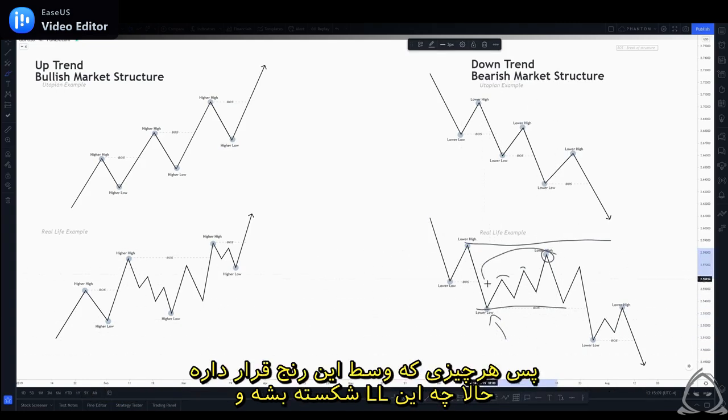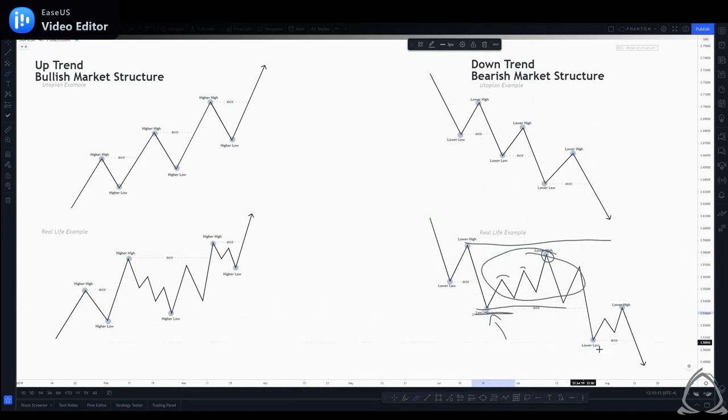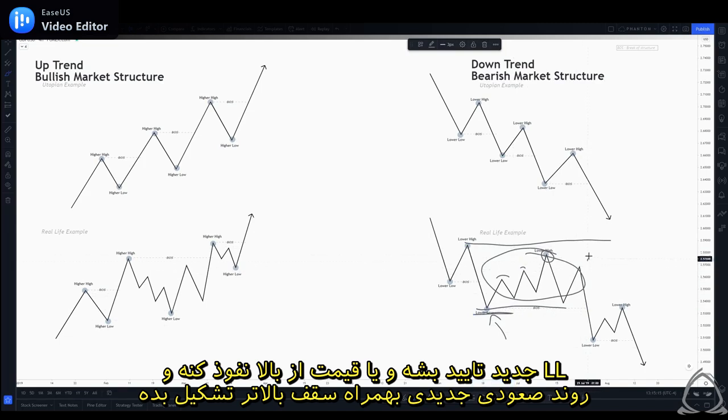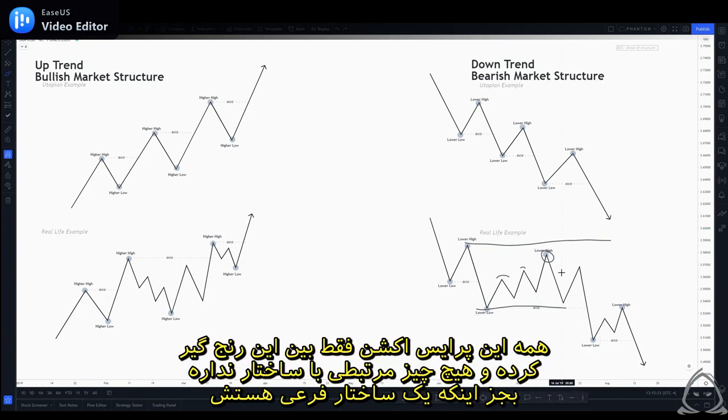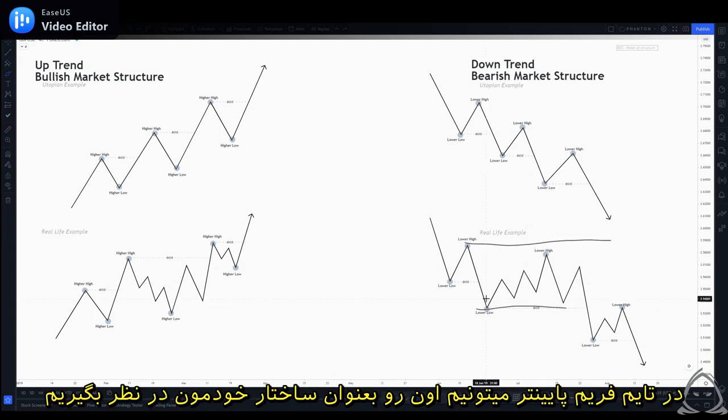So anything that's basically in the middle of this range, until this lower low is broken, confirming a new lower low, or if price breaks to the upside and starts to trend bullish, creating a higher high, all of this price action is just caught within the range and hasn't actually proved any structural relevance, except for the fact that it is substructure, and on a lower time frame we can also look at the structure in that regard.